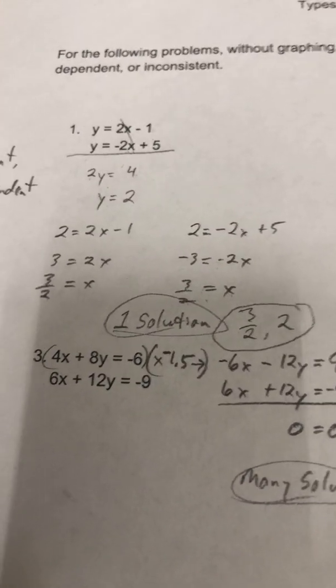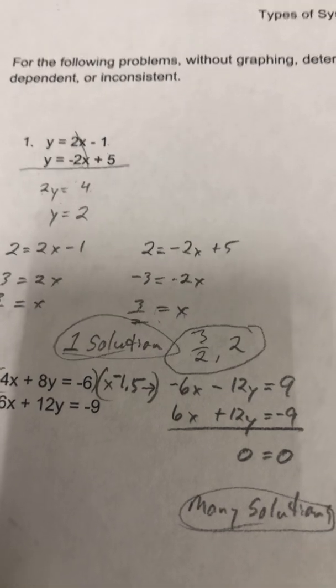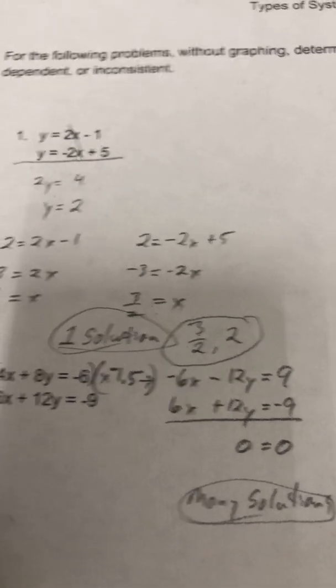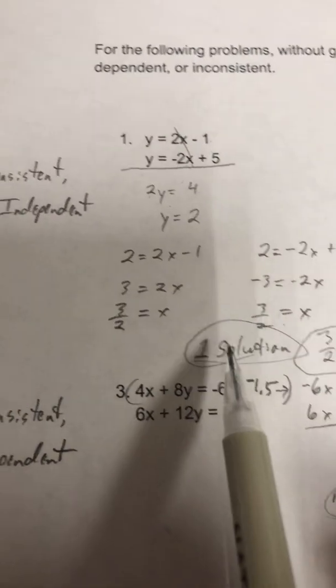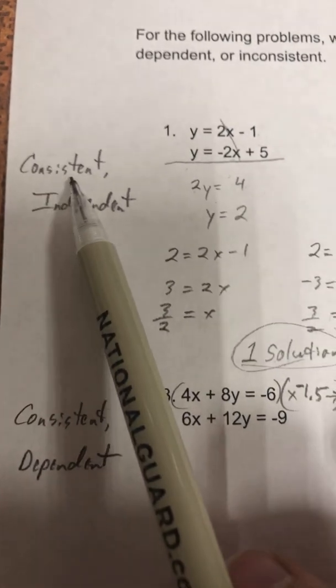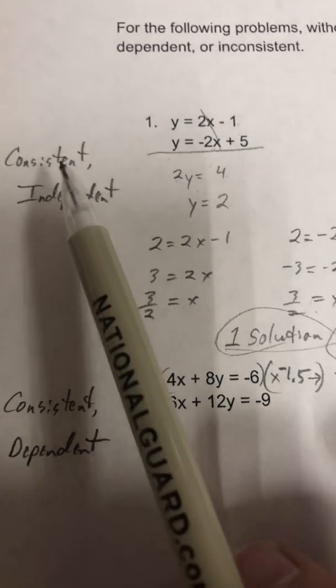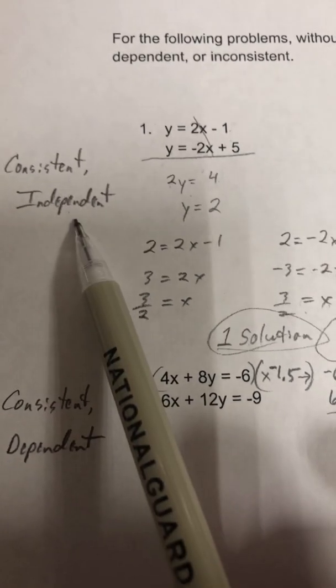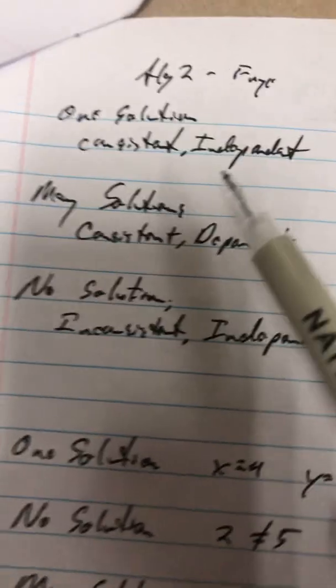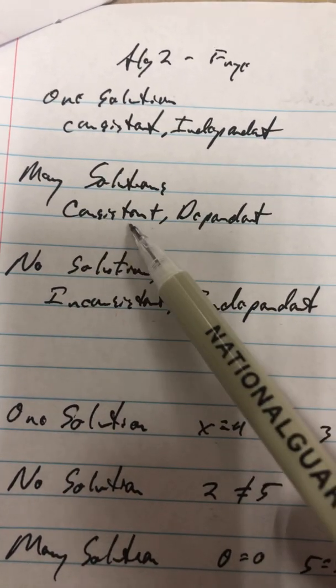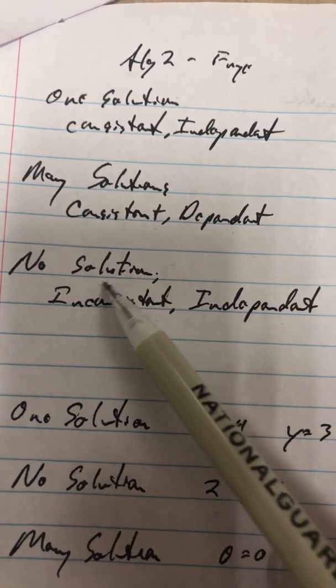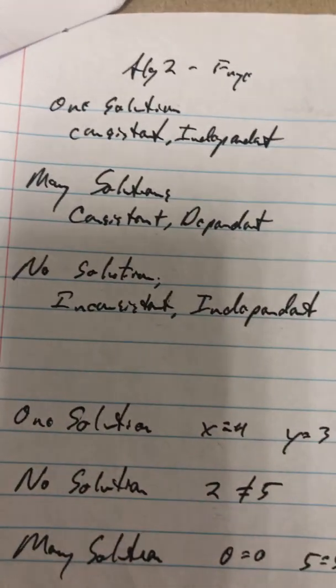we had a nice lady explaining what all this means. One solution means consistent and independent. These are from those notes. If you have one solution, it's consistent, independent. Many solutions, it's consistent, dependent, and no solution, inconsistent and independent.